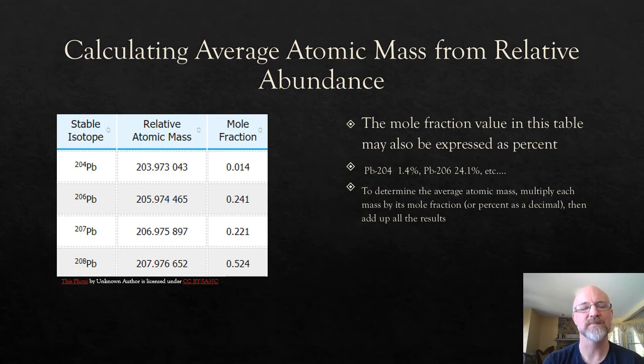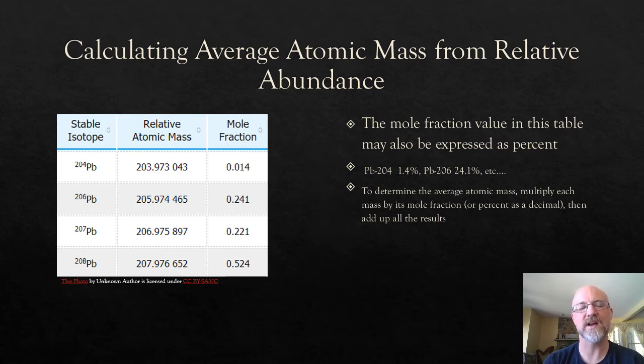So for example, here are the 4 isotopes of lead. As a result of analysis, we have some very detailed values for the relative atomic mass of each one. When we say relative, they're all compared to the carbon-12 standard, referring to the most common, most abundant form of carbon, as having an atomic mass of 12.